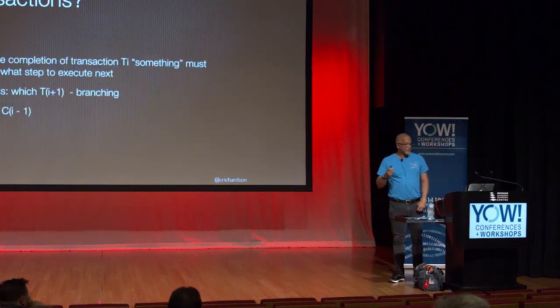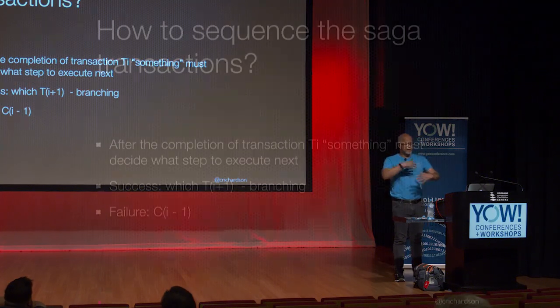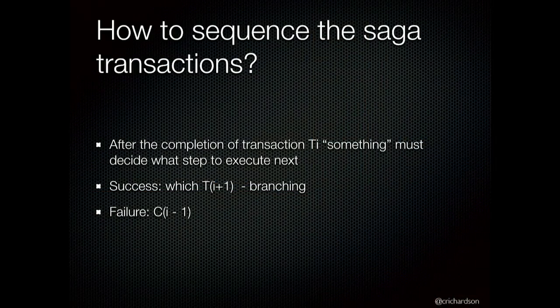And then the next question is, how do we coordinate and sequence the series of local transactions? When one transaction finishes, a message needs to be sent to the next participant. So we need some logic to decide, based on the outcome of the local transaction, who to invoke next.